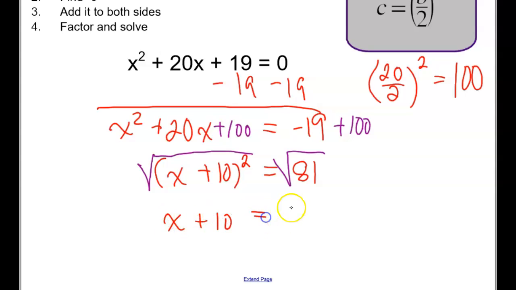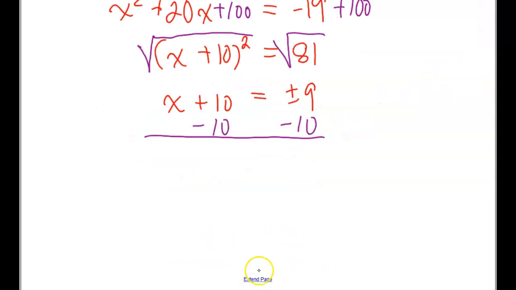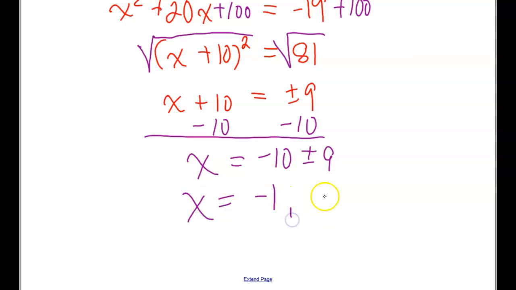The square root of 81 is positive or negative 9. And to isolate x, let's subtract 10 on both sides. I get x is equal to negative 10 plus or minus 9. That means x is equal to negative 10 plus 9, that's negative 1, negative 10 minus 9, negative 19.